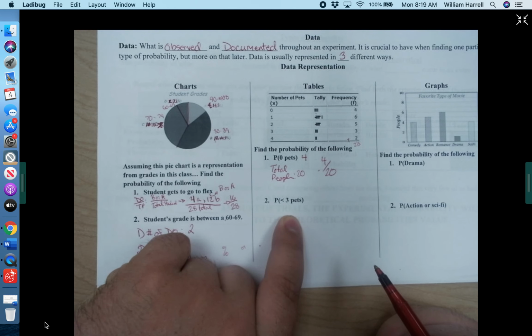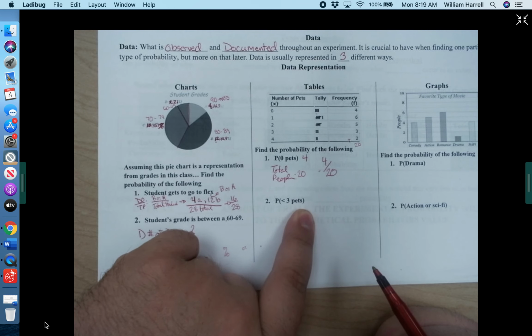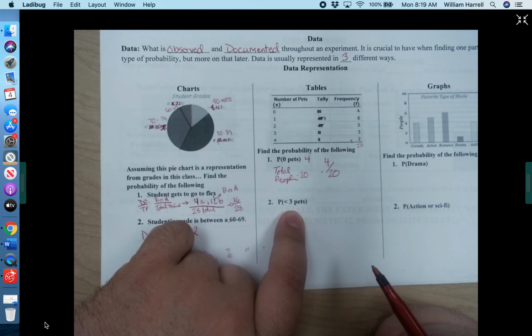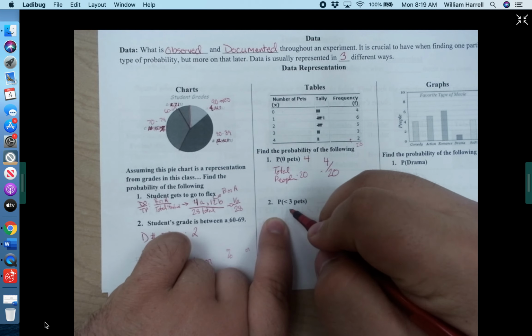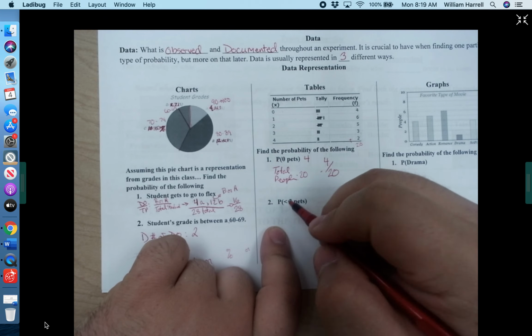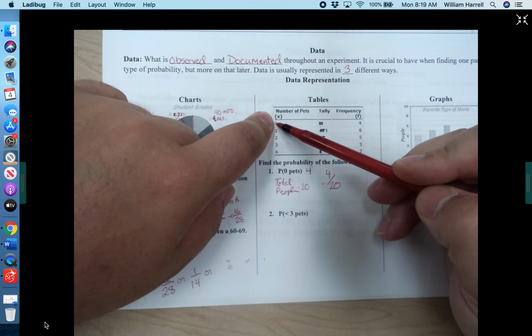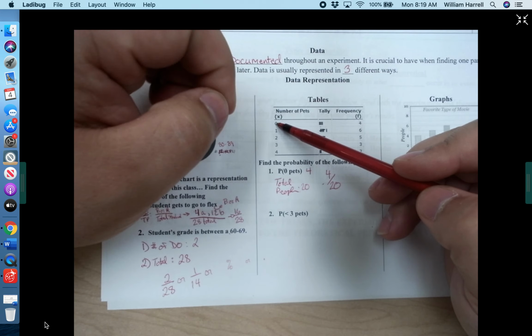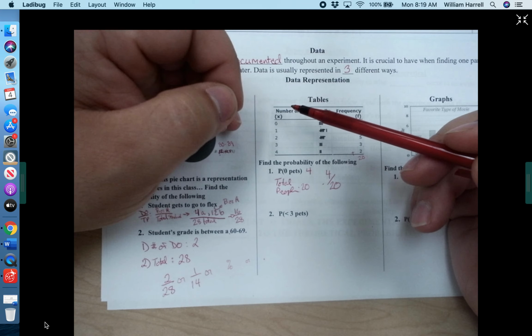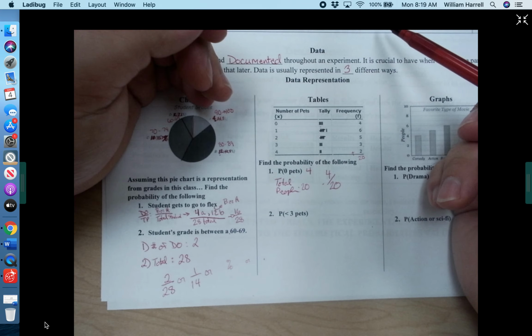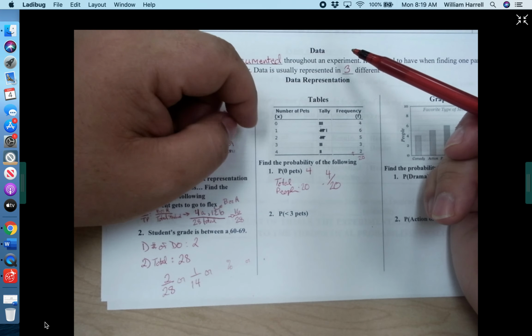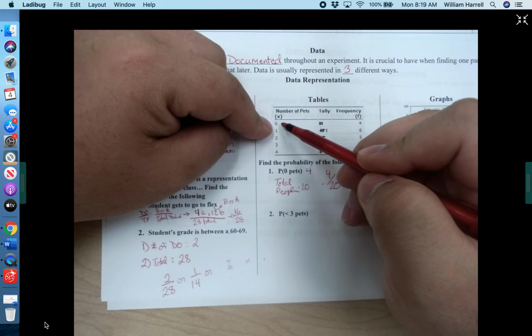Probability that you have less than 3 pets, or the probability of people have less than 3 pets. What this means is you want to find anything that fits this inequality, is a desired outcome. Okay. So simple yes, no answers. Would 0 pets be less than 3 pets? Yes, it would.